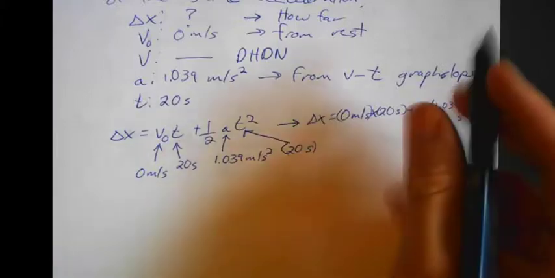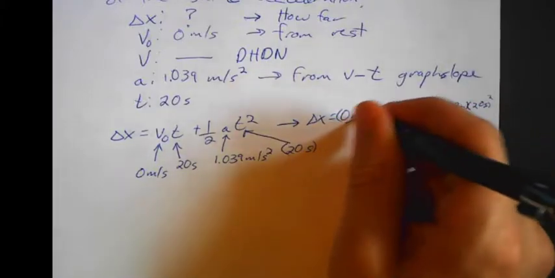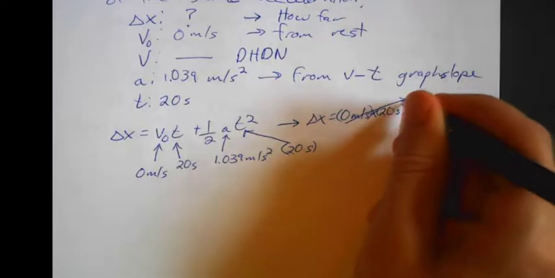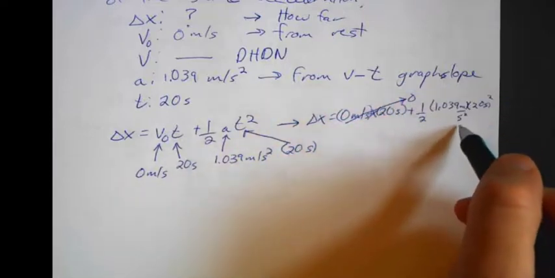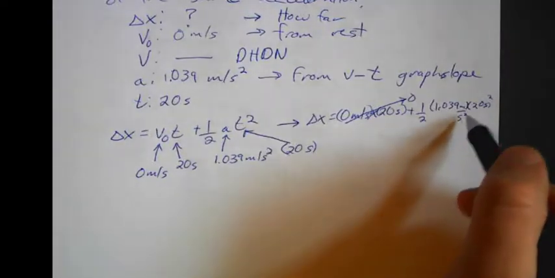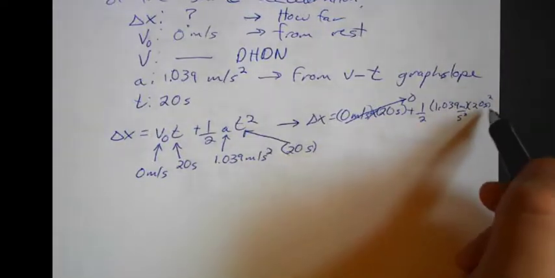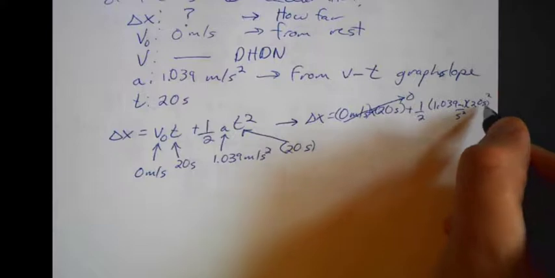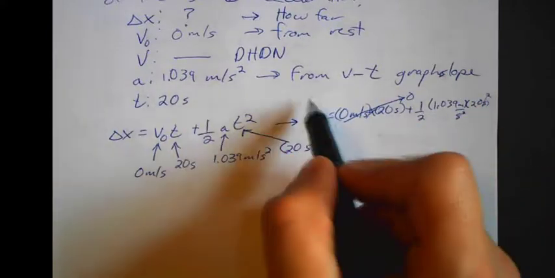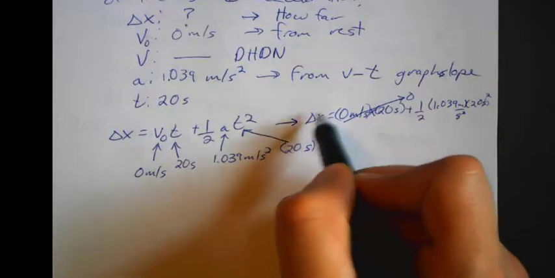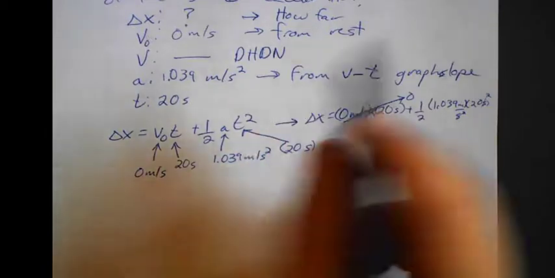Now, I want you to note this is going to go away because it's just 0. We have meters per second squared here. We have seconds squared in the denominator. We're going to square our seconds here, so they will cancel out, and we'll be left with meters, which is what we want for our delta x.